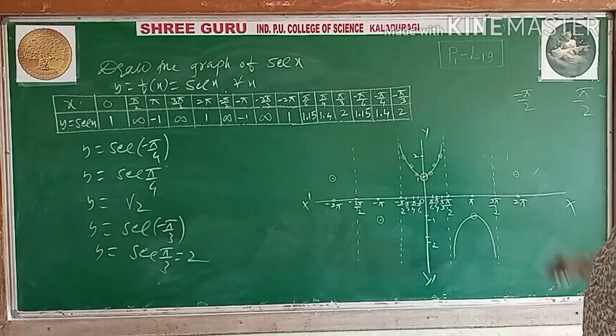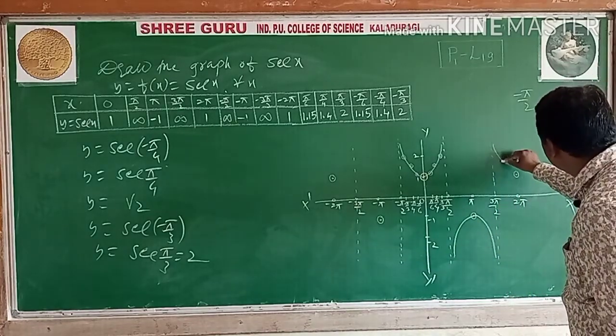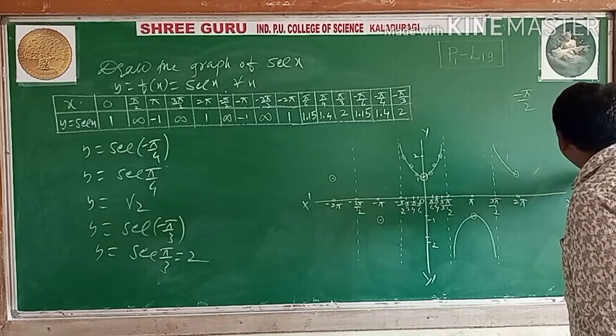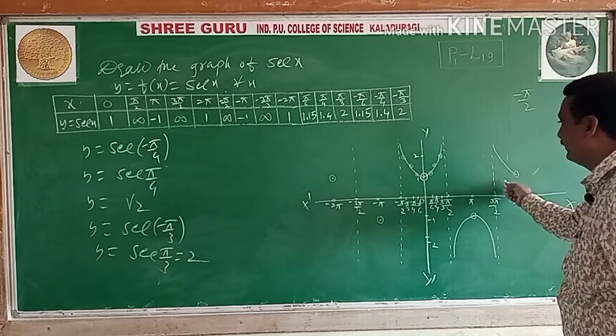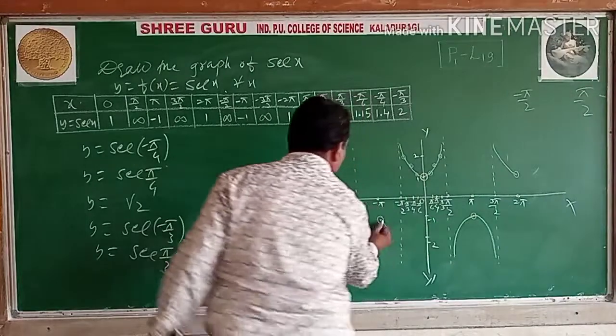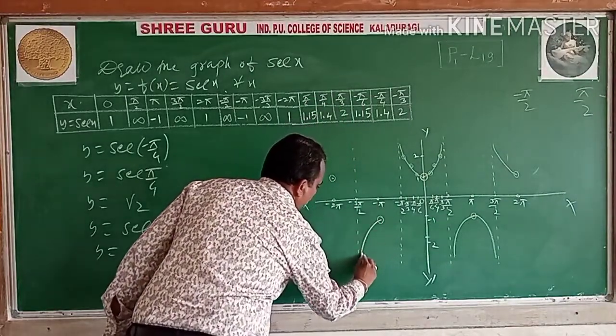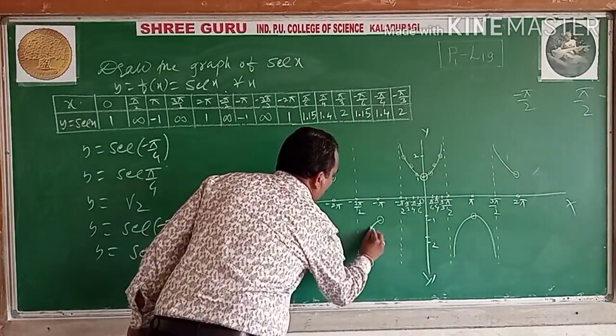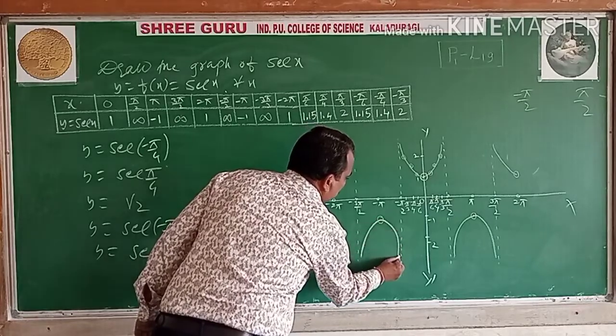This is half of the curve. After 2 pi you can take it and you will get it like that, with one curve up and one below.